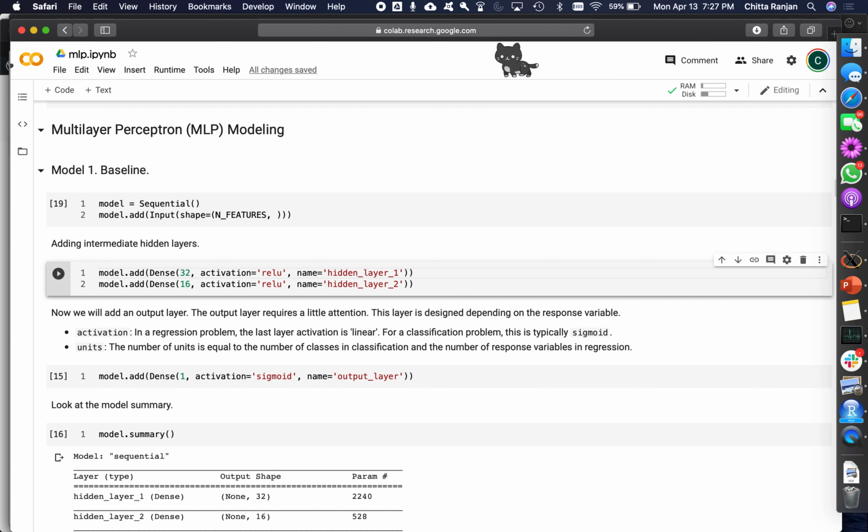And we have to choose a number from this series which is closest to half of the size of the input sample. For the first hidden layer here, the size of the input sample is equal to n features, and n features in this case is somewhere in the 60s, I think 69.